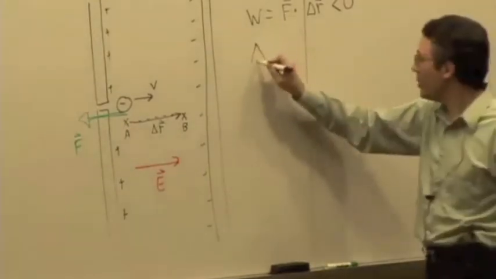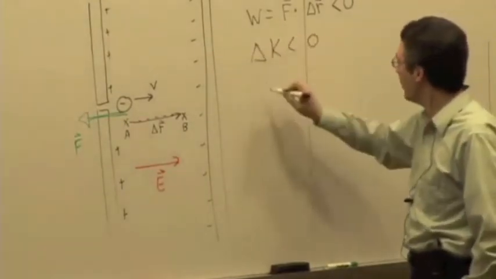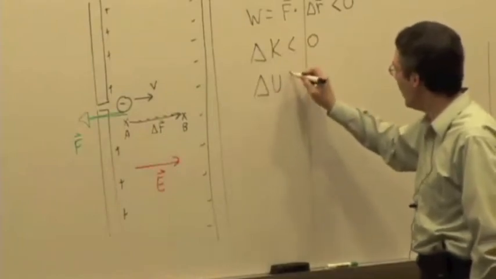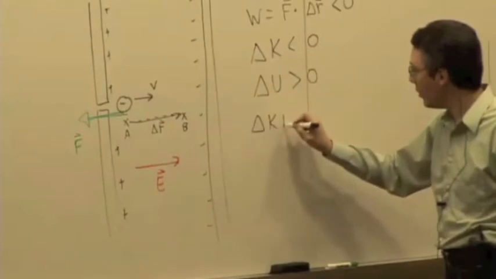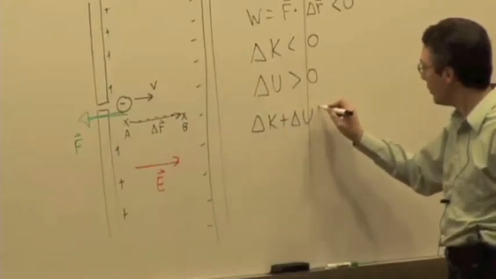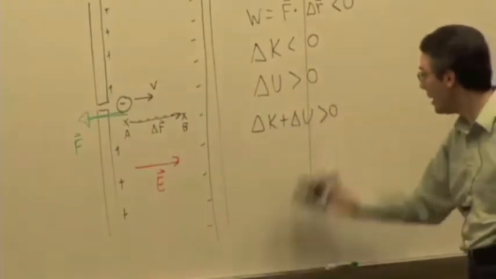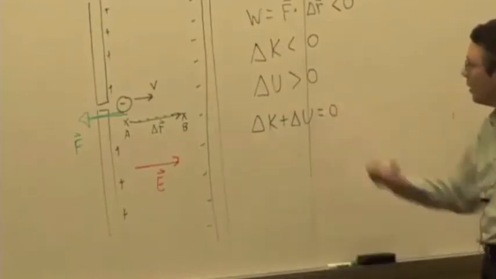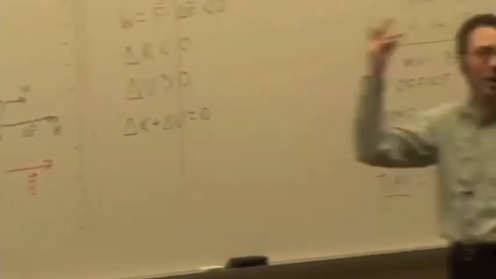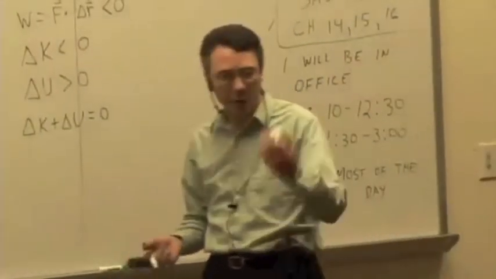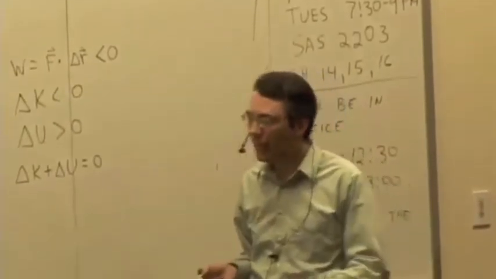And so the change in kinetic energy is less than 0. The change in potential energy is greater than 0 because it's the opposite of that. So we end up again with delta K plus delta U equal to 0. This is analogous to what? Throwing the ball up in the air, right? So you have a force in the opposite direction of the displacement.